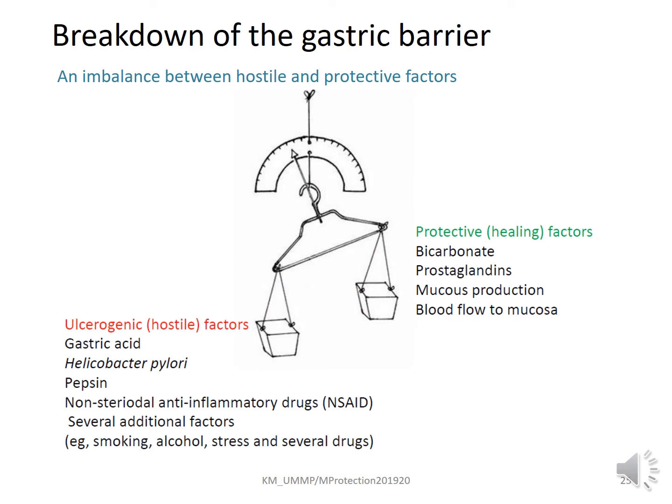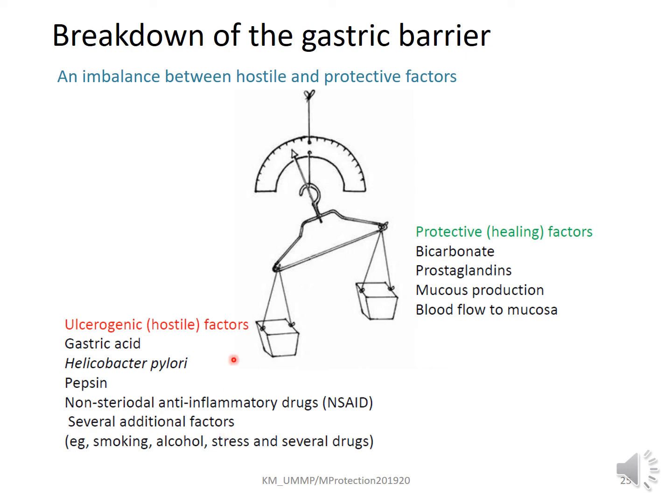Alright, so we have protective healing factors such as bicarb, prostaglandin, mucus, and mucosal blood flow, whereas we have ulcerogenic factors. The bad guys are acid, Helicobacter pylori, pepsin, nonsteroidal anti-inflammatory drugs, NSAIDs, and smoking, alcohol, stress, and several drugs.